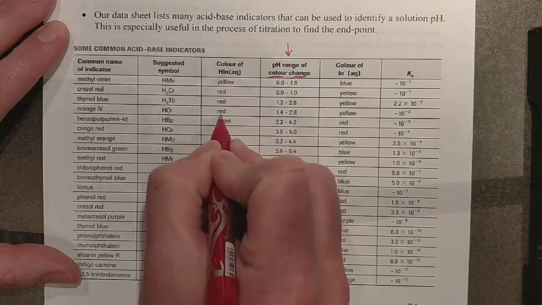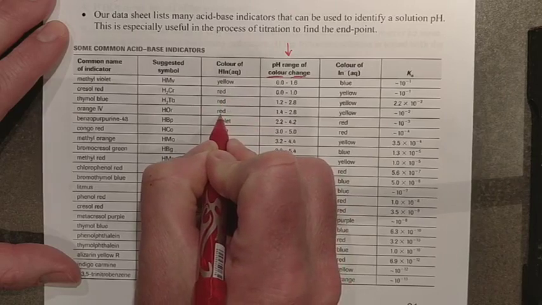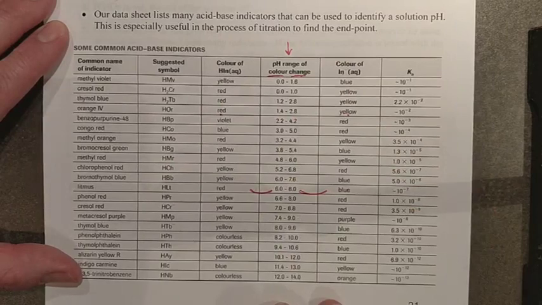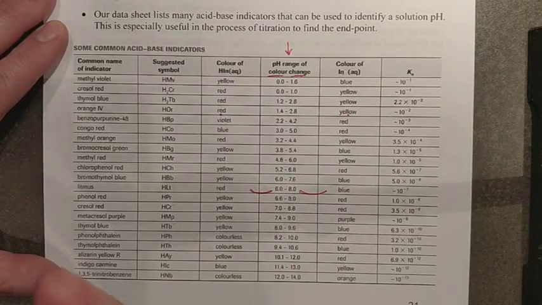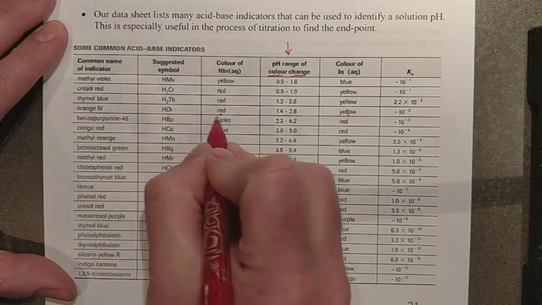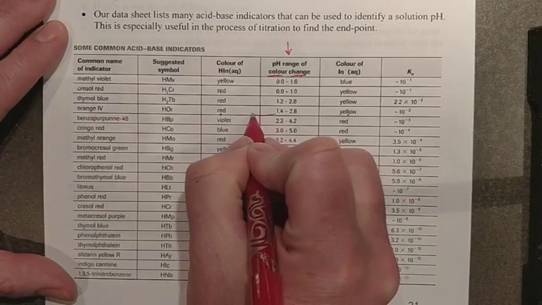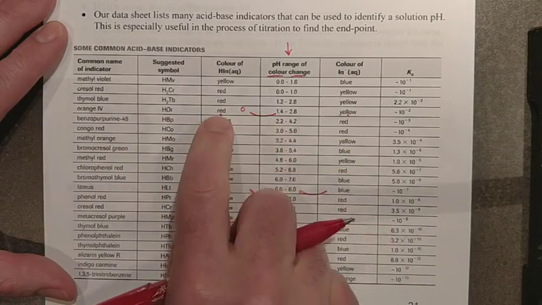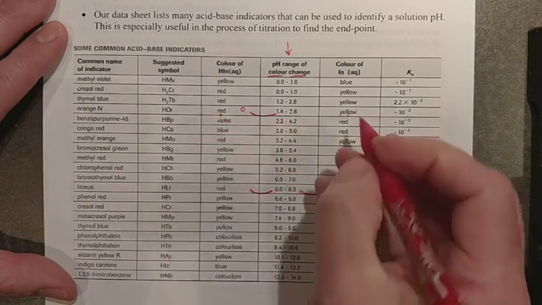When in acidified form, it is red for HOr. When it is in its basified form, it turns yellow. So what pHs would we expect to see orange 4 be red? Well, there's orange 4. Anything from 1.4 to 0, it should be in its red color.